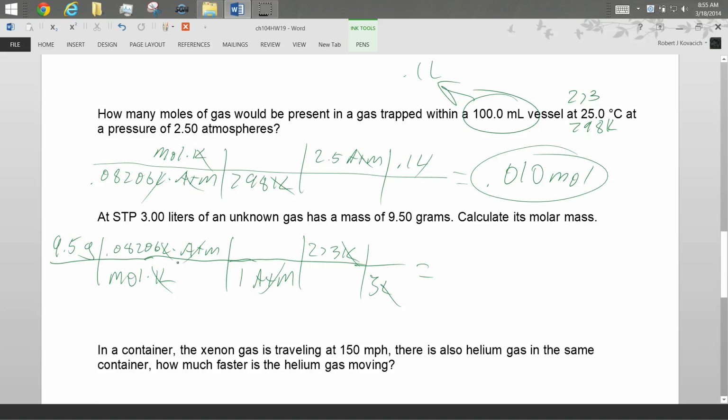The atmospheres cancel. 0.08206 liter atmospheres per mole Kelvin, 273 and ATM. 9.5 times 0.08206 times 273 divided by 3. Ah, that's better. 70.9 grams per mole.